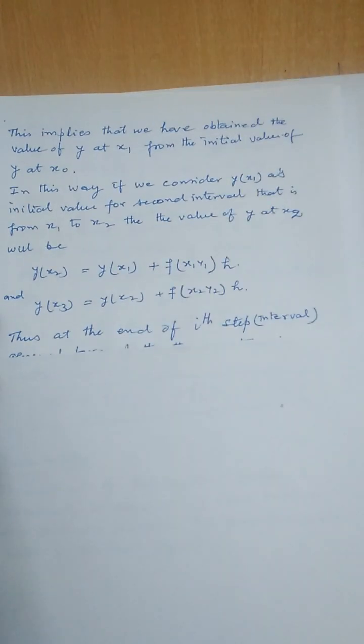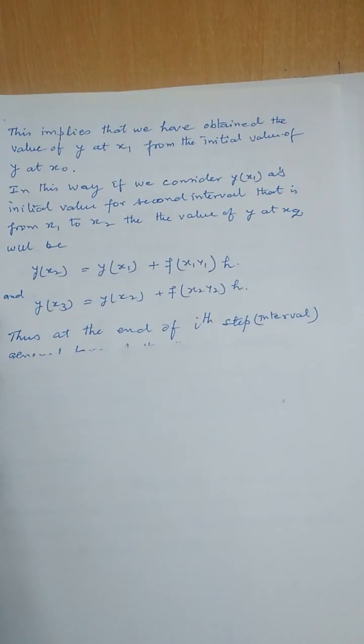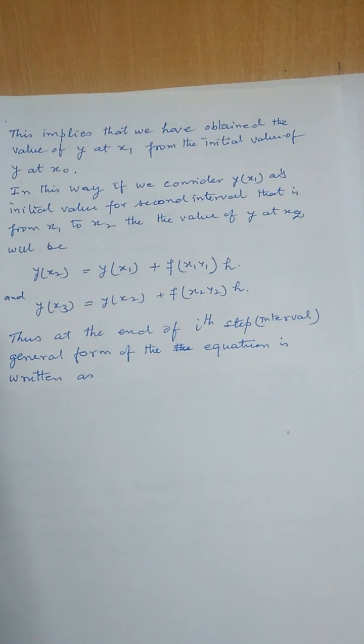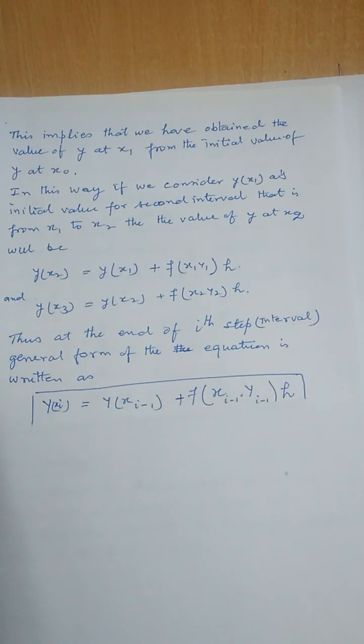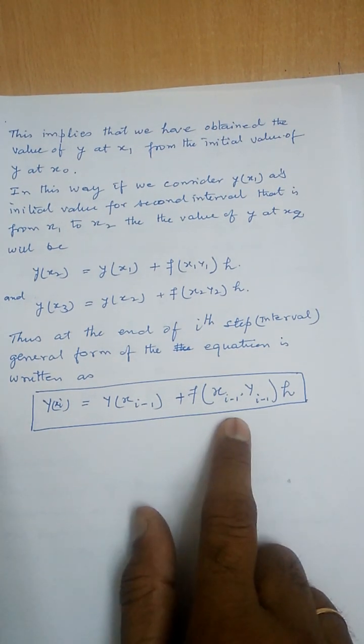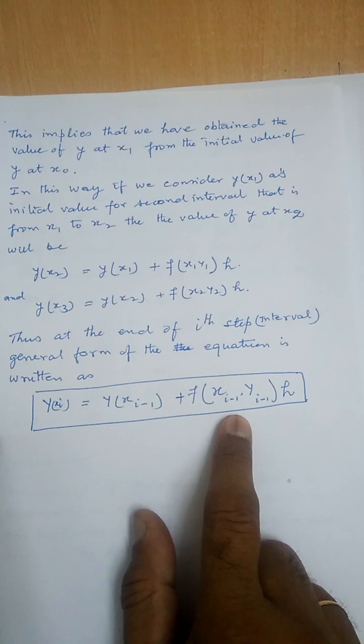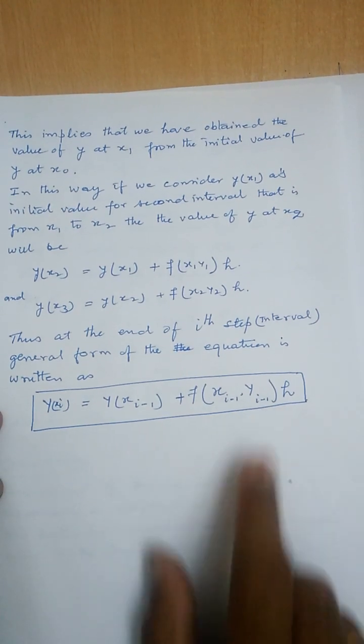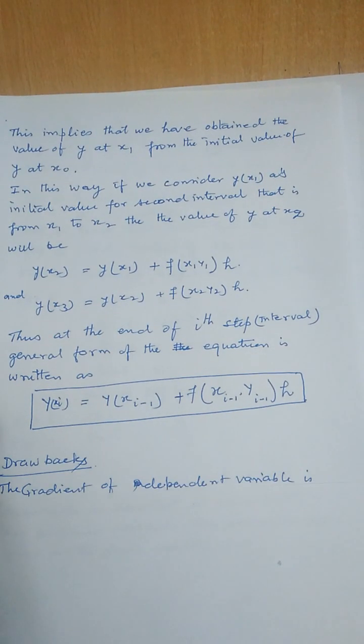Thus, at the end of the ith step, meaning interval, the general form of the equation is written as y(xi) equals y(xi minus 1) plus f(xi minus 1, yi minus 1) into step size h.